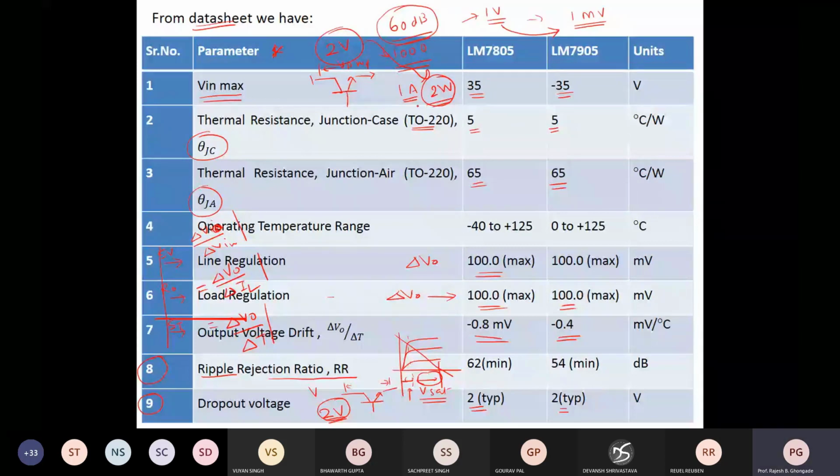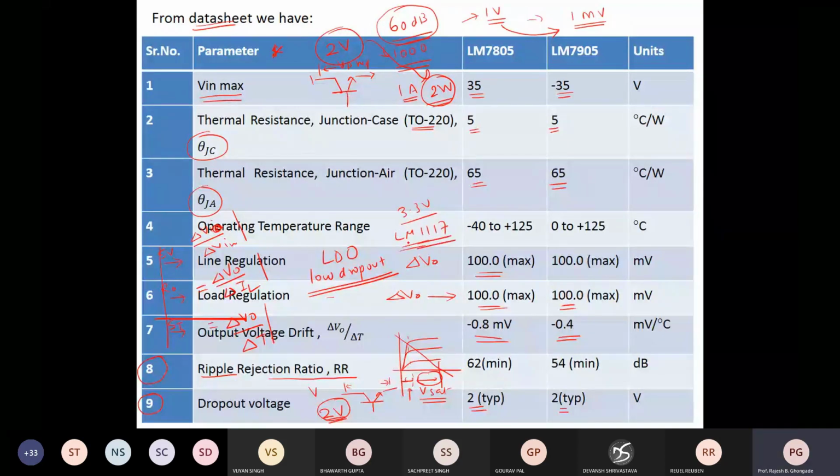So nowadays we come across various new types of regulators which are called LDOs, low dropout regulators. For those people who have started working with their mini projects and mostly the 3.3 volt devices, you must have come across the LM1117.